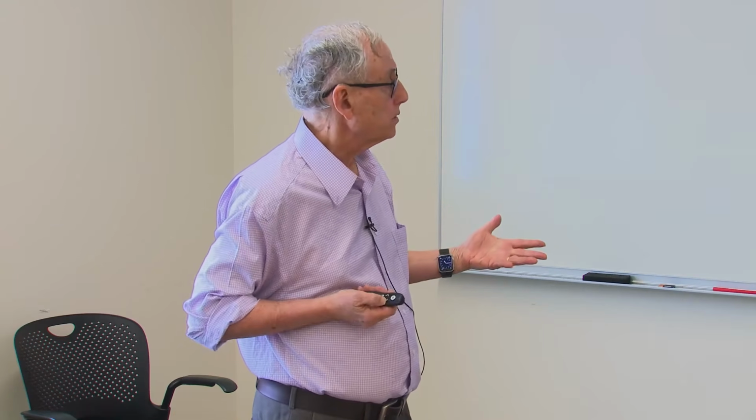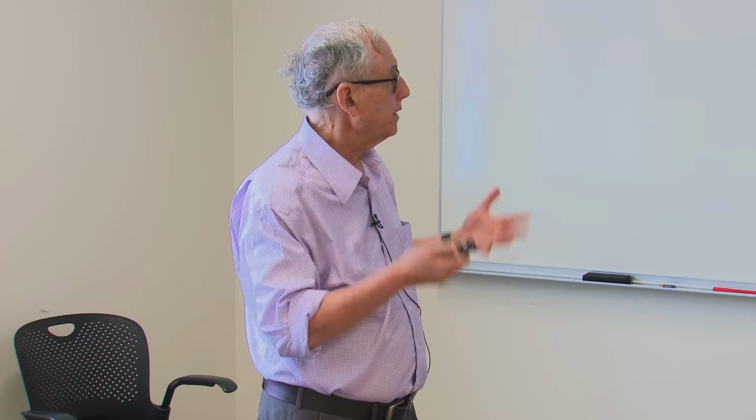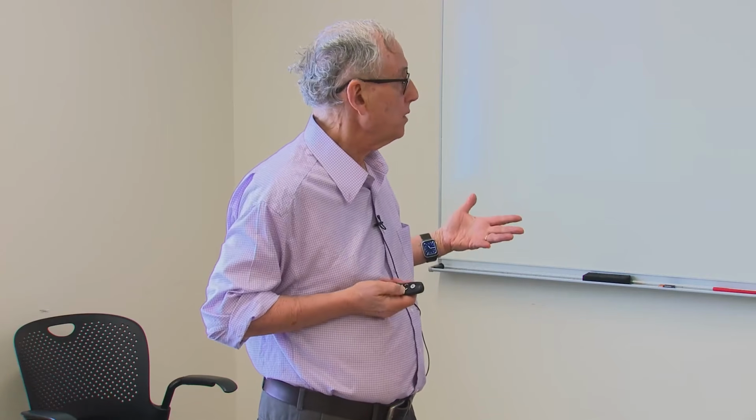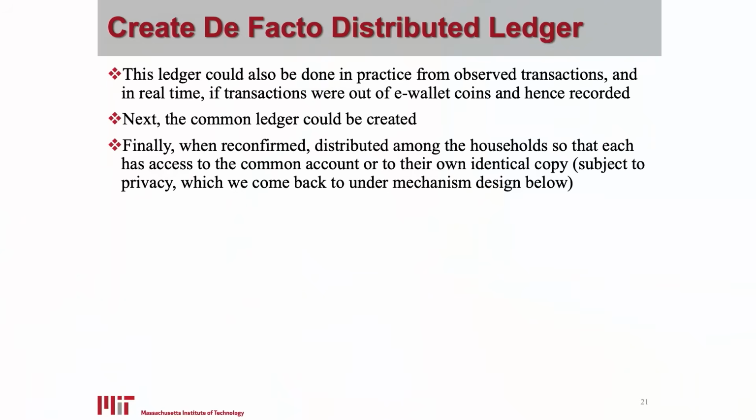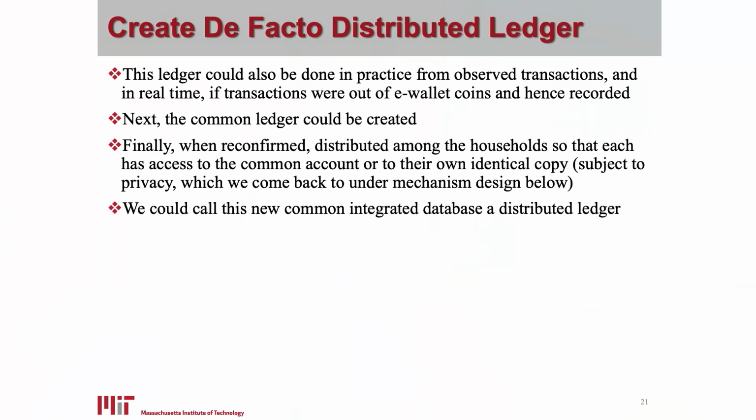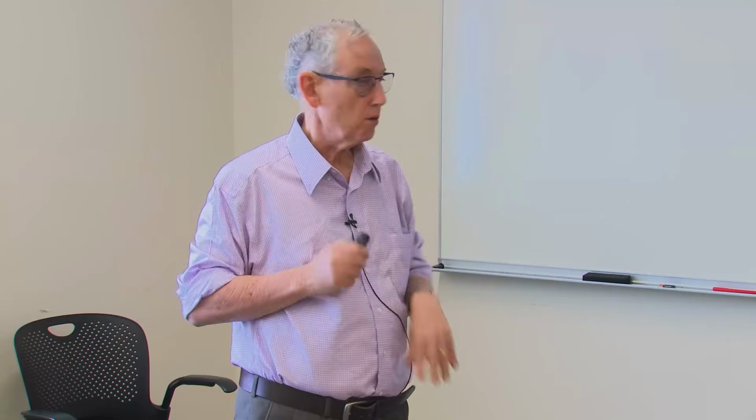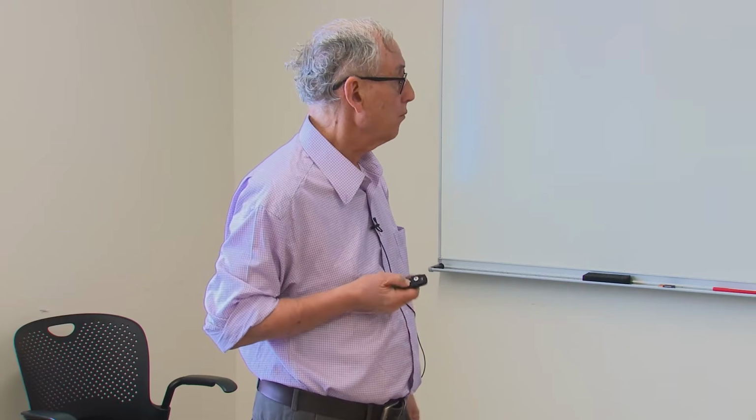In retrospect, we're just organizing individual accounts and not sharing them publicly or with other households. But we could have done it this way in principle, and we would have a common integrated database, a distributed ledger. Remember Karsten's quote about the fragmentation and so on. The alternative here is to have, quote, centralized it to begin with.